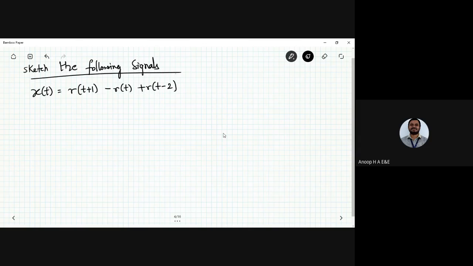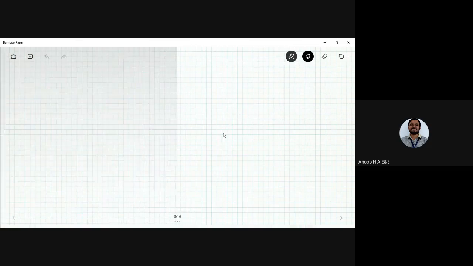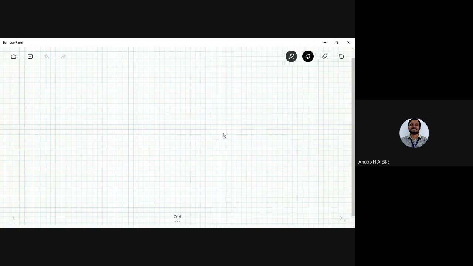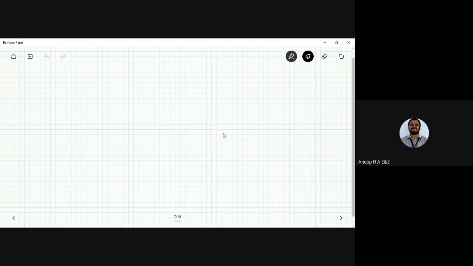So this would be one of the signals, and the next signal I would like to give as an assignment to Vedant Pandit. Vedant, is it there? Just inform him. So he is going to solve this.